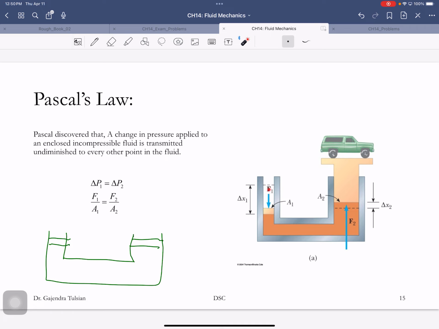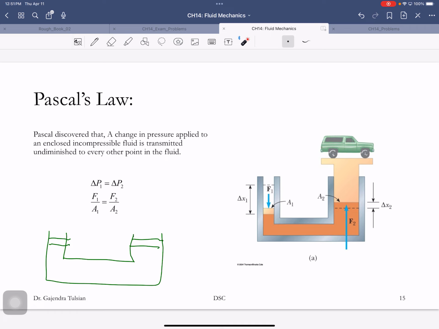So here's what we've done. We've applied a force and we've increased the pressure at this point. Let's say we've increased the pressure at this point by 1/10 of an atmosphere. What Mr. Pascal realized is that an increase in pressure at any point is transmitted undiminished to every point in the liquid. What that means is if you increase the pressure at this point by 0.1 atmosphere, at every point the pressure increases by 0.1 atmosphere. So that increase in pressure is transmitted to this point as well.